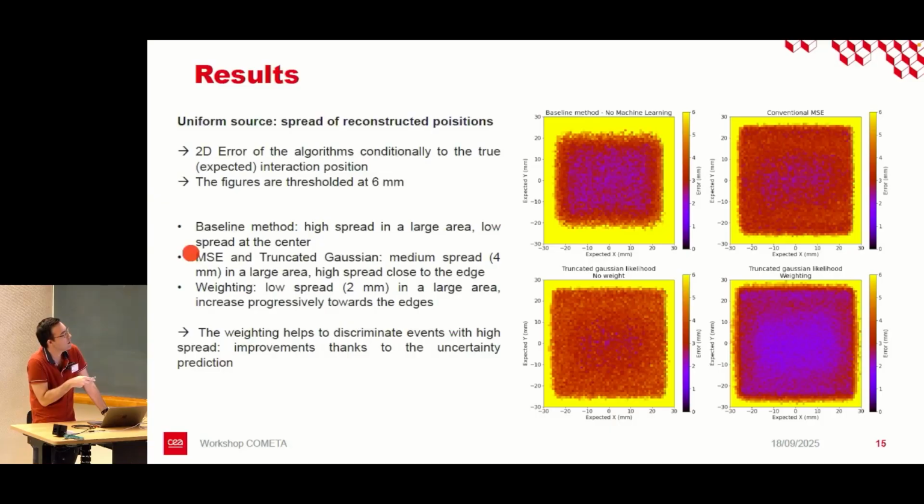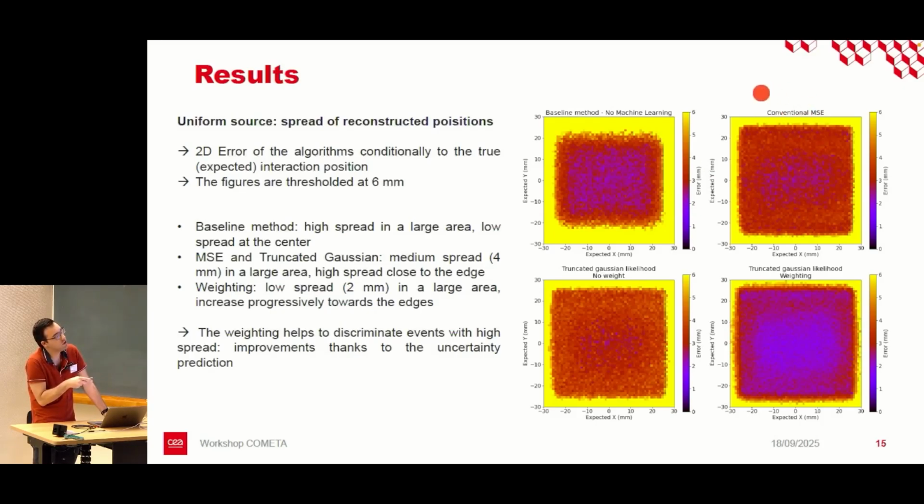So here with the baseline method, we can see that there is a high spread of the prediction in the large area, more than 6 millimeters of uncertainty, and in the center of the detector, there is at best between 2 and 3 millimeters of uncertainty, of error, sorry.